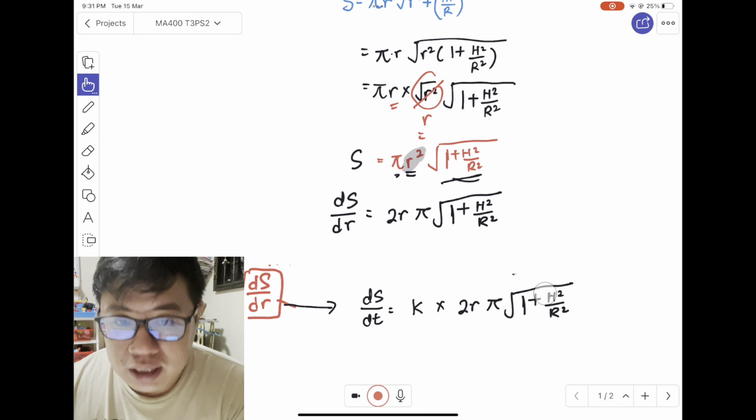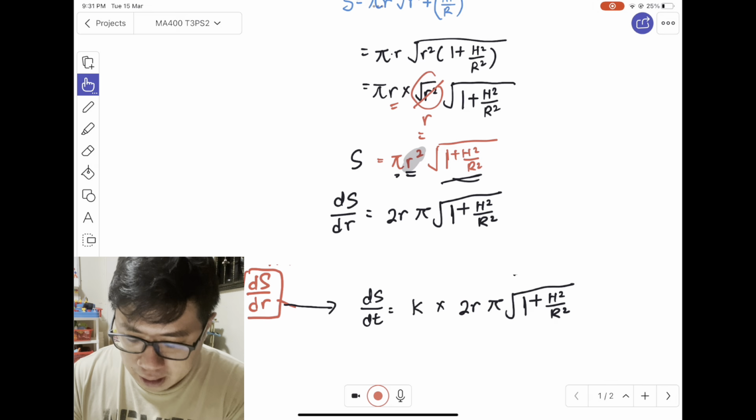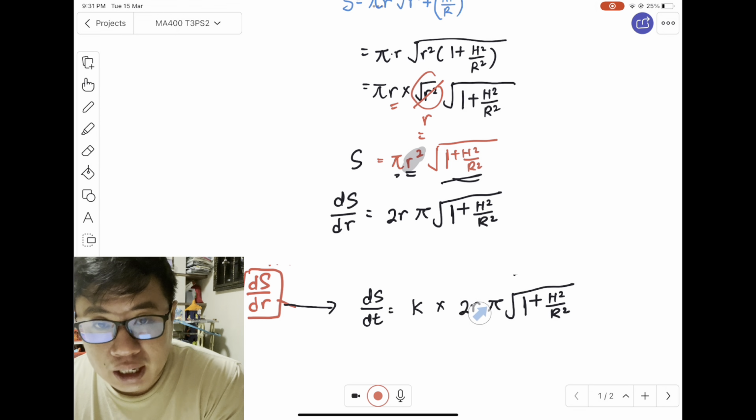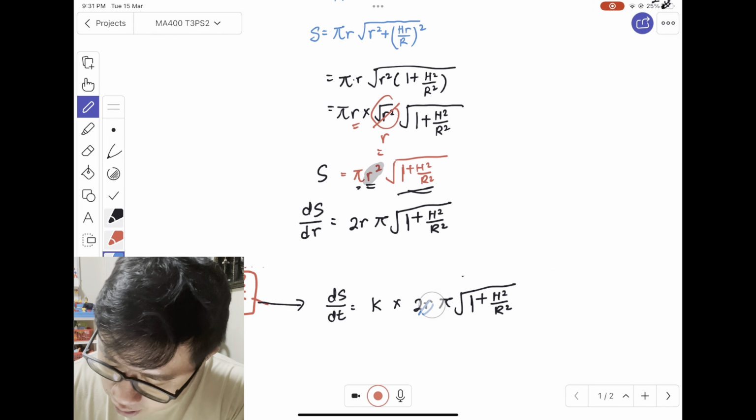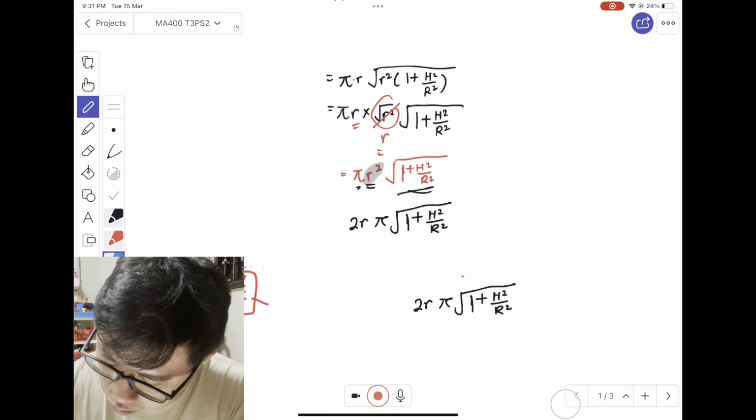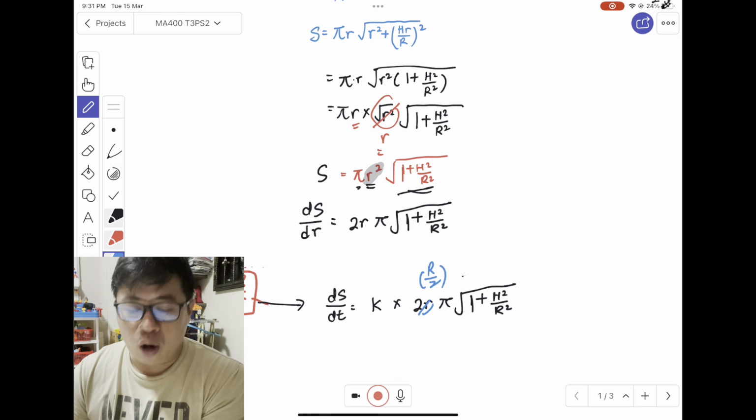If I bring this here, remember that the r here is actually at the instant, so we can substitute r as capital R/2.